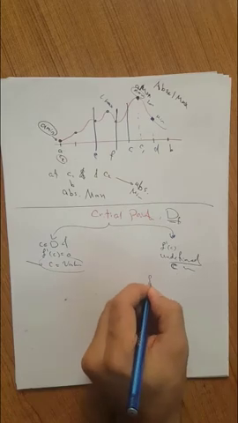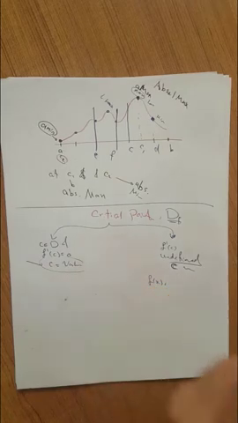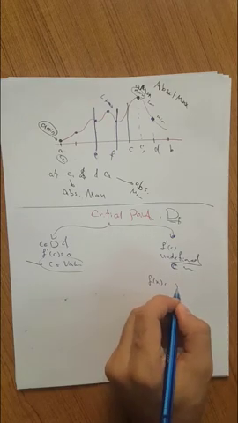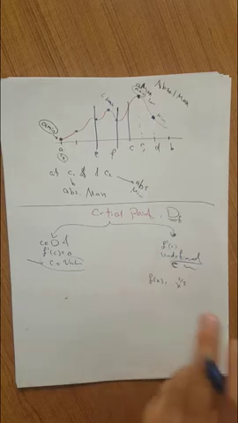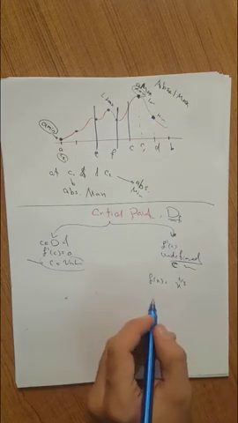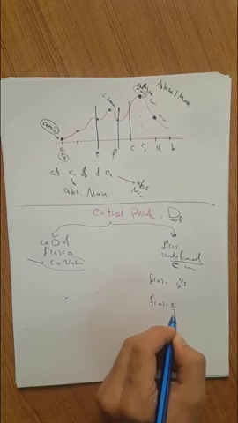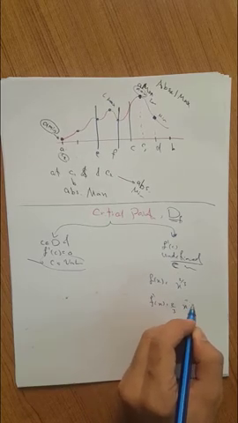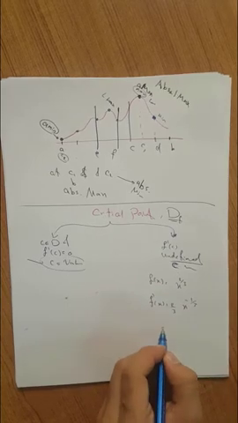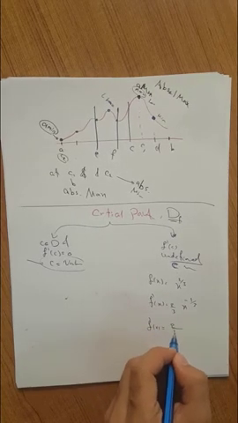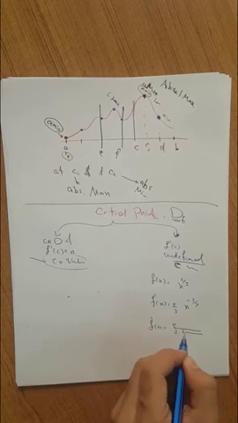If f of x is equal to x to the power 2/3, the first derivative will be 2/3 x to the power minus 1/3, which is 2 over 3 times the cube root of x.